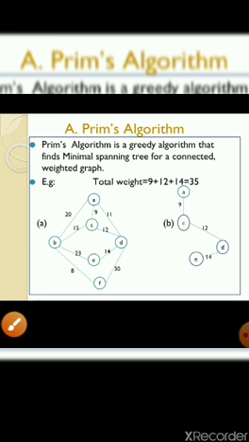Again from C, the minimal node is C to D, whose weight is 12. Again from D, the minimal node is D to E, whose weight is 14. So the total minimal connected weight from A to E is 35.